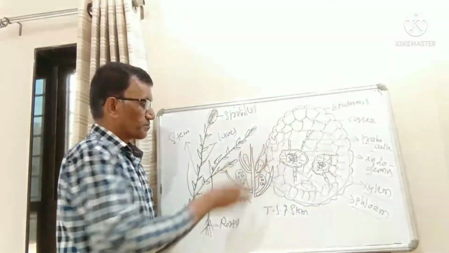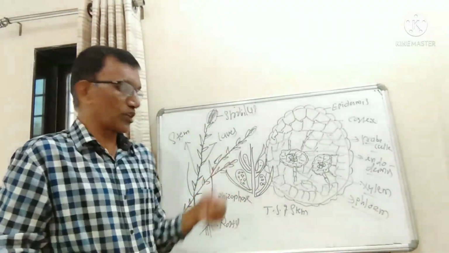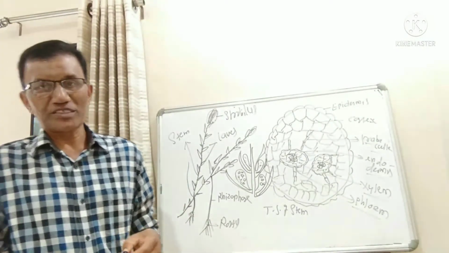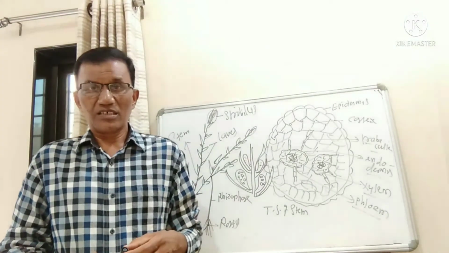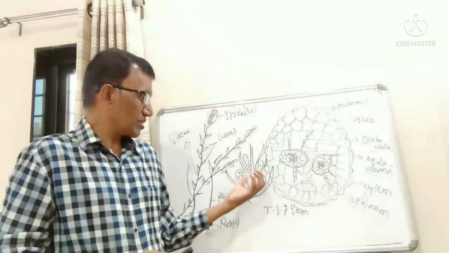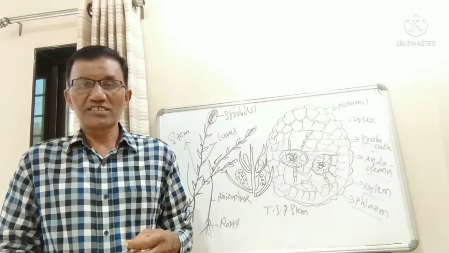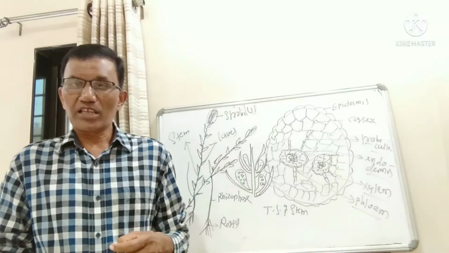At maturity the sporangium bursts open and the spores are released. When the spores fall on a suitable substratum, they germinate. The megaspores give rise to female gametophytic plants, and the microspores give rise to male gametophytic plants.